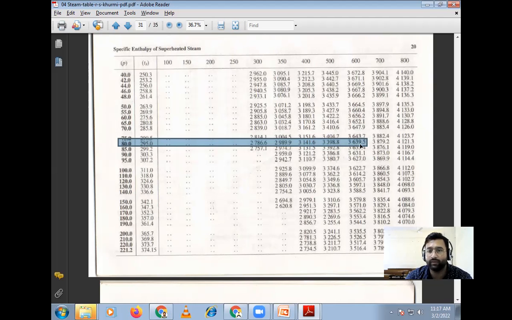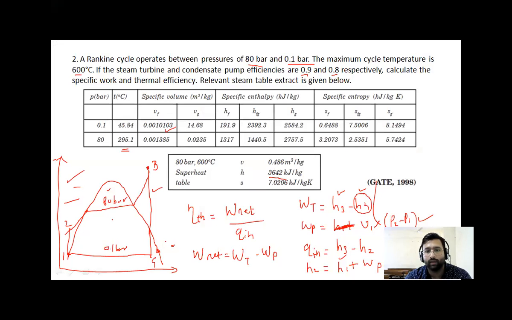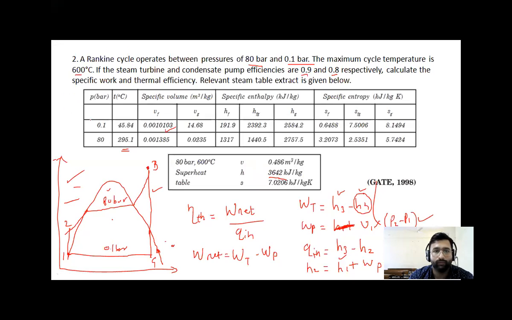Enthalpy is 3639.5. How much is given in this case? 3642. So even though in the steam table the value is 3639, you take the given value, that is 3642 kilojoule per kg.